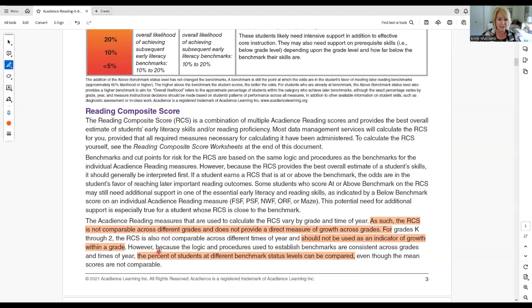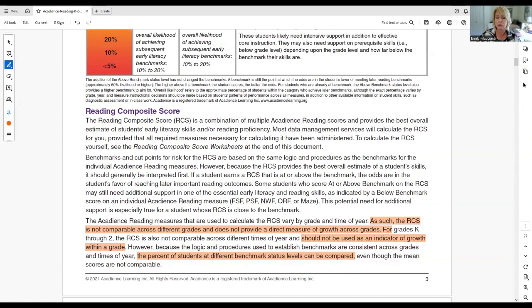Notice it says, because the logic and procedures used to establish benchmarks are consistent across grades and time of year, the percentage of students at different benchmark status levels can be compared, even though the mean scores are not comparable.